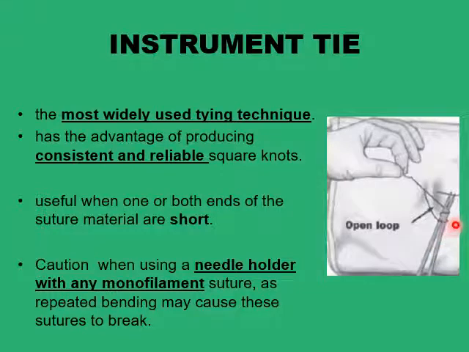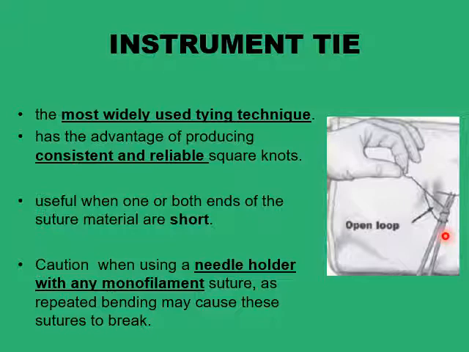You wrap it once if you're doing a square knot, or twice if you're doing a surgeon's knot, and then you pick up the other end of the suture, in this example the short end, and pull it through the already formed loops around the needle holder, and this will give you the first half reef knot. Then you reverse direction and do the other half reef knot to end up with a secure suture.